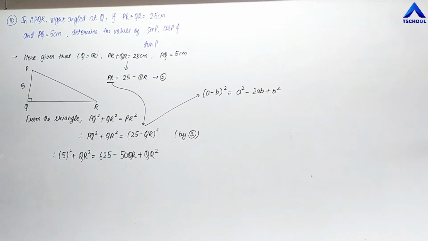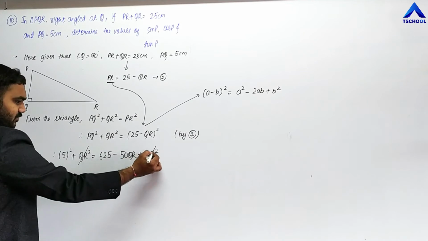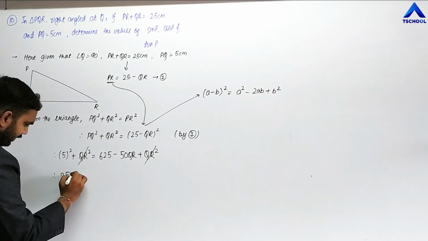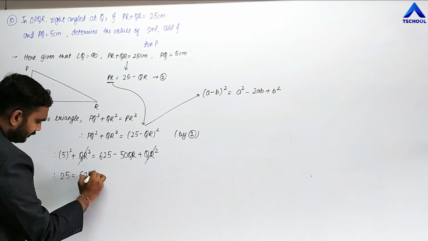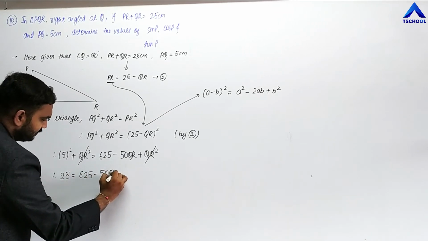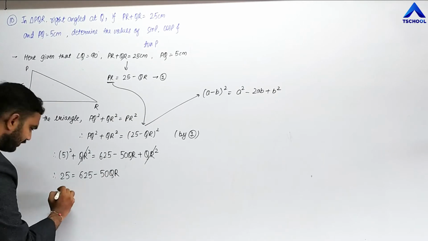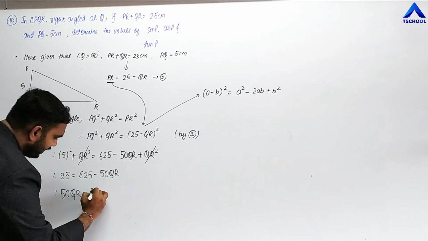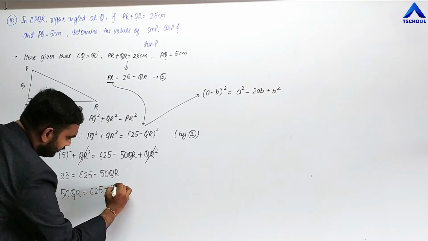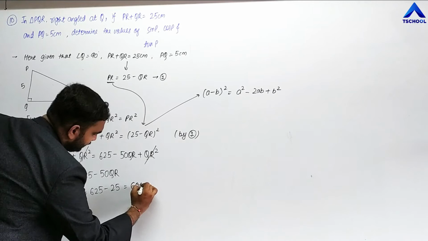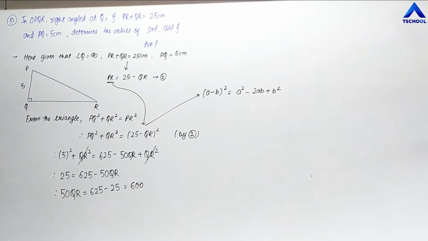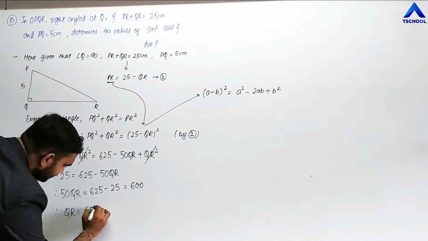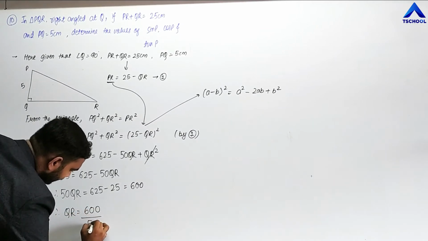So that is the formula applied. QR square and QR square can be cancelled. Therefore 25 is equal to 625 minus 50 QR. Therefore 50 QR is equal to 625 minus 25, that is 600. Therefore QR is equal to 600 divided by 50.